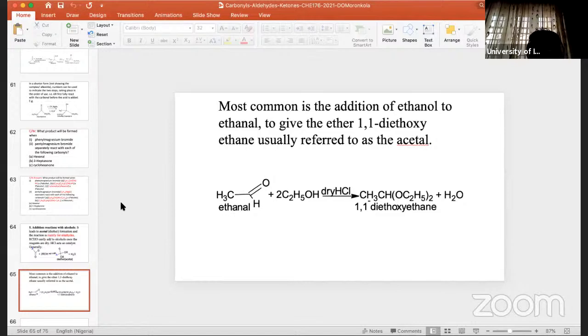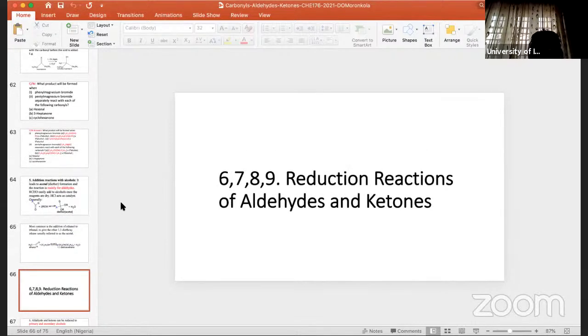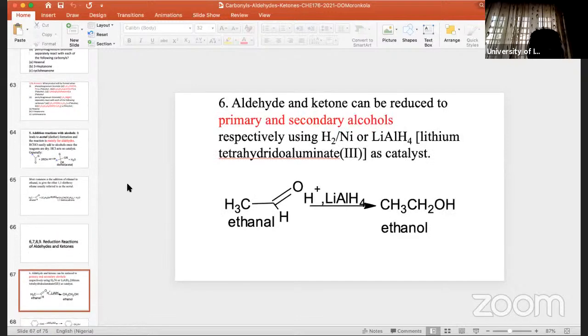The other reactions, 6 to 9, are reduction reactions of aldehydes, and I guess we should see one or two of them. These are straightforward reactions in which hydrogen with any transition metal is an agent of reduction, a reducing agent.